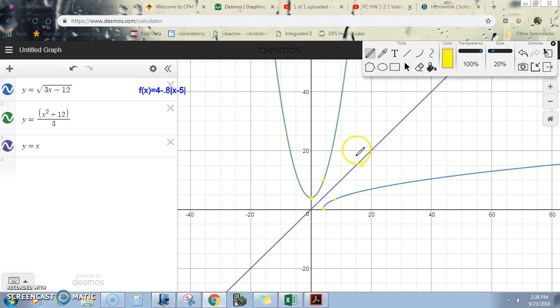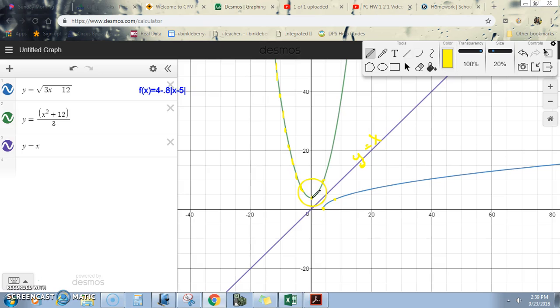This is y equals x, which is why when we compose our functions and we get an x out, we have proved that it's reflective across this y equals x line. But here's why that original domain is important. This part here of the inverse graph is not actually an inverse of our original function, because our original function domain did not go past here, right?